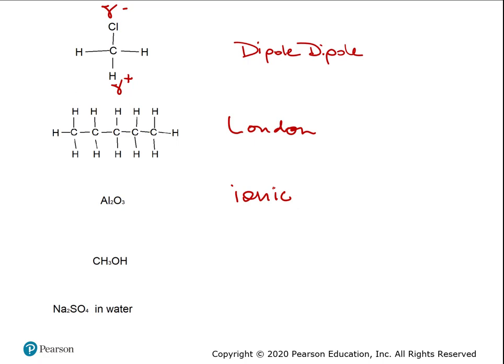All right. CH3OH. What's the strongest for this one? CH3OH. This one's a hydrogen bonder.